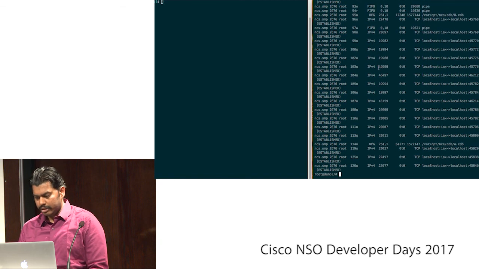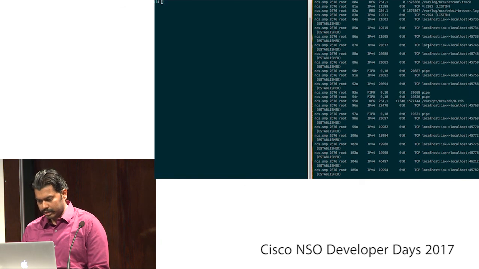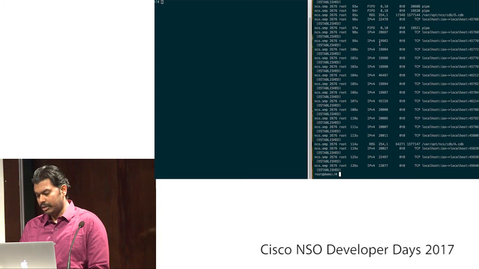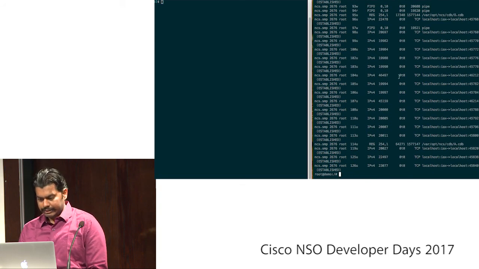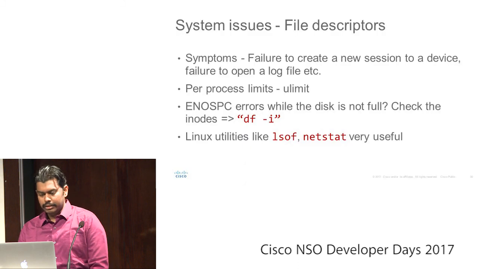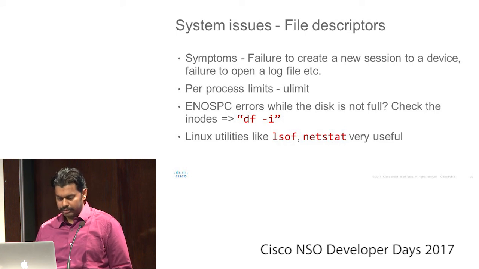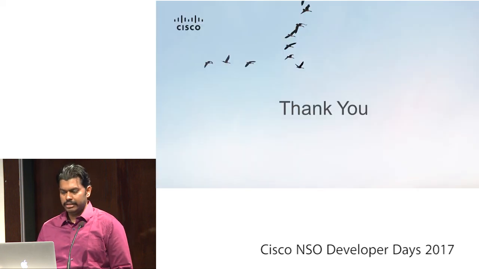And this includes all the logs as well as the TCP sessions, because everything uses a file descriptor. So things like lsof and netstat are also very helpful in dealing with this kind of file descriptor issues.